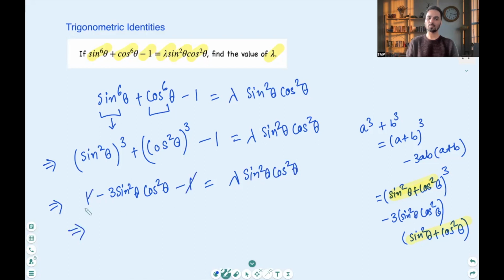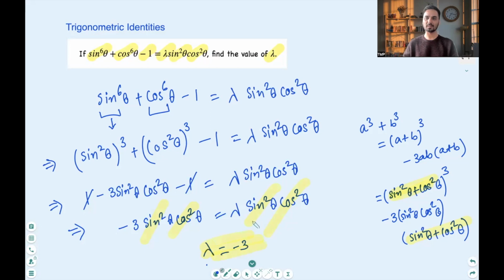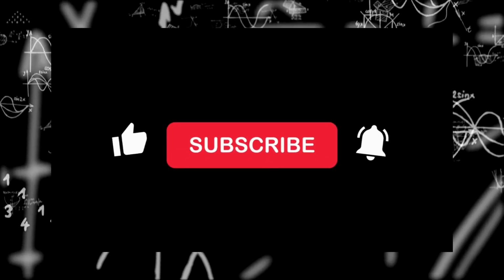And we can cancel out 1, so we'll have minus 3 sin²θ cos²θ equals lambda times sin²θ cos²θ. And here you can cancel out cos² and sin² on both sides, and that gives you lambda equals minus 3. I hope you'll find this video helpful, and I'll see you in the next one.